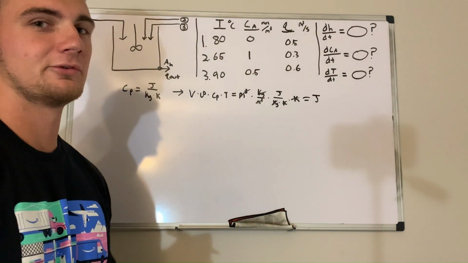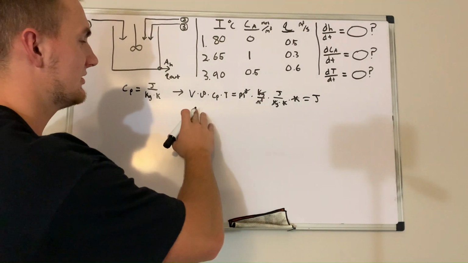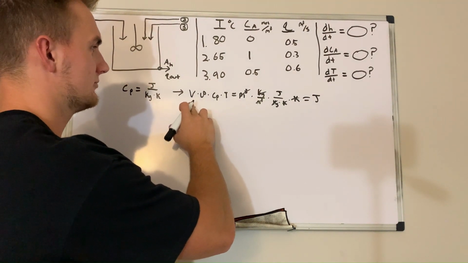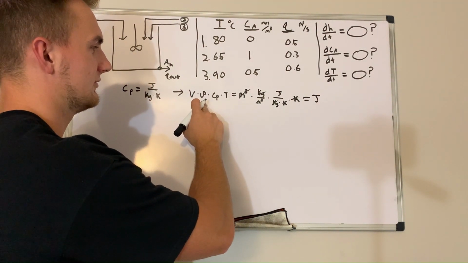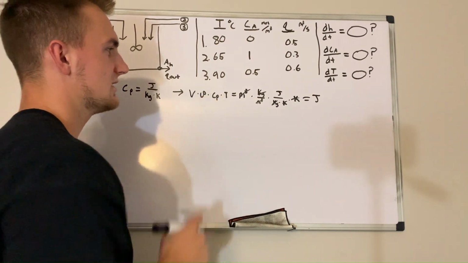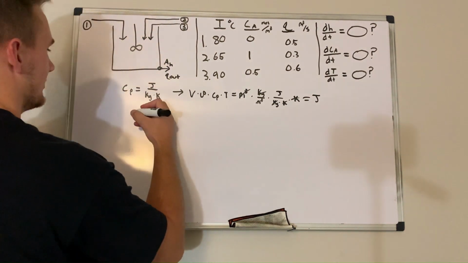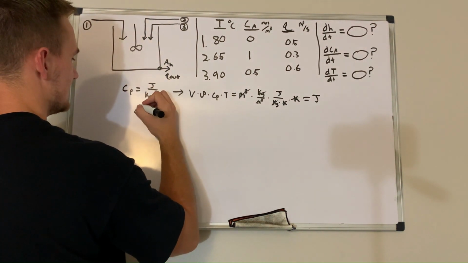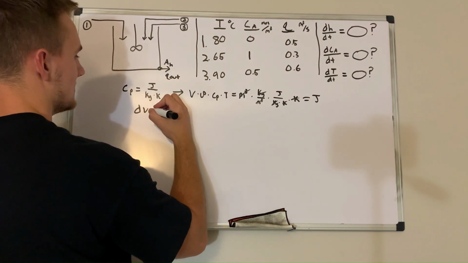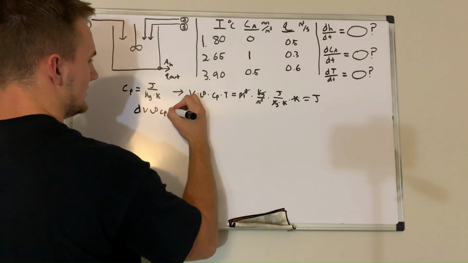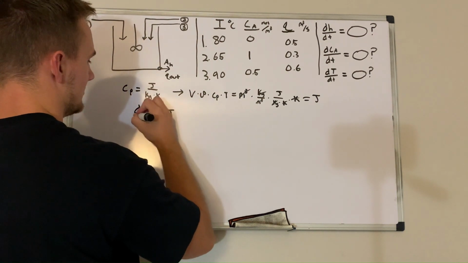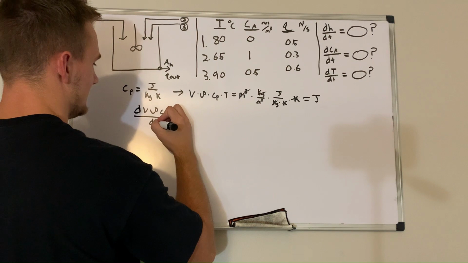So what we want to write our expression for is the change in volume times the density times the heat capacity times the temperature with respect to time. So let's go ahead and write that out. So I have d V rho Cp T with respect to time.